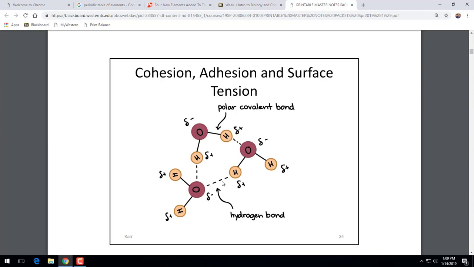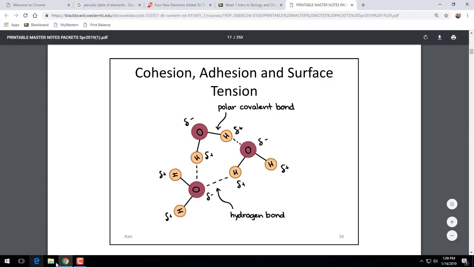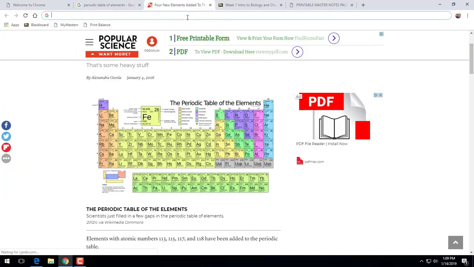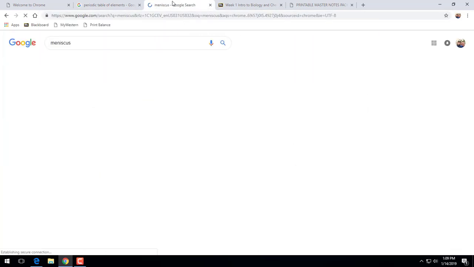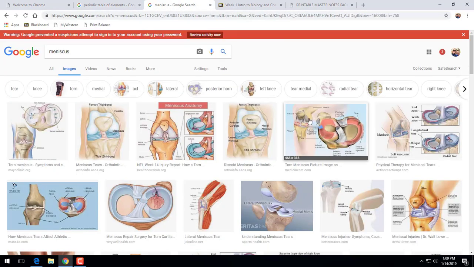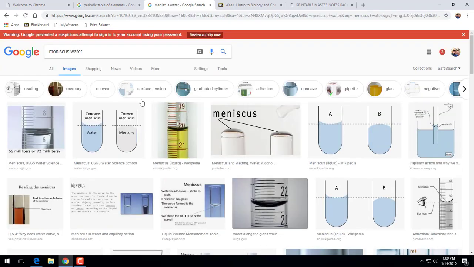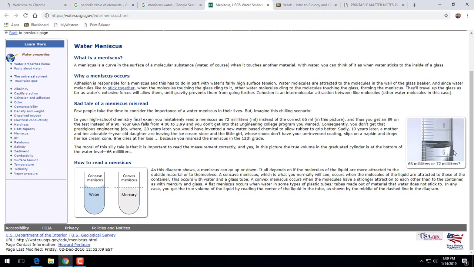But now if I put this water in a glass container, the water will stick to the edge. You remember from your chemistry classes or physical science, the meniscus? If I look at fluid in a graduated cylinder, for example, if I pour water into a container, it forms a slight little concave.